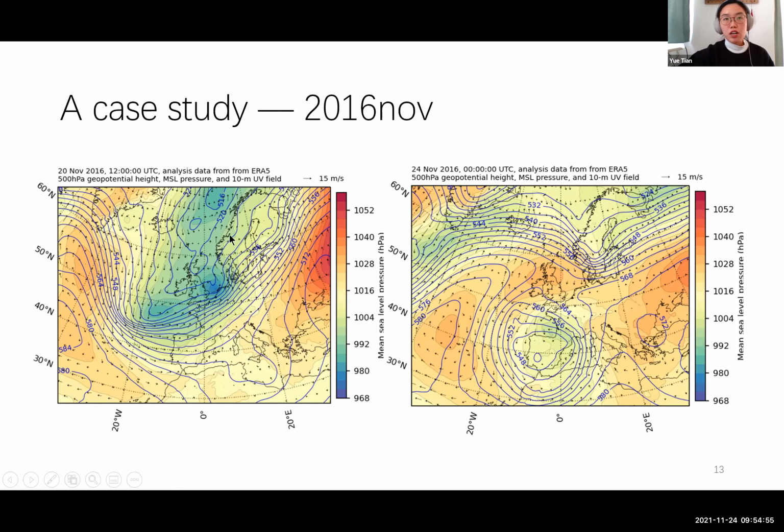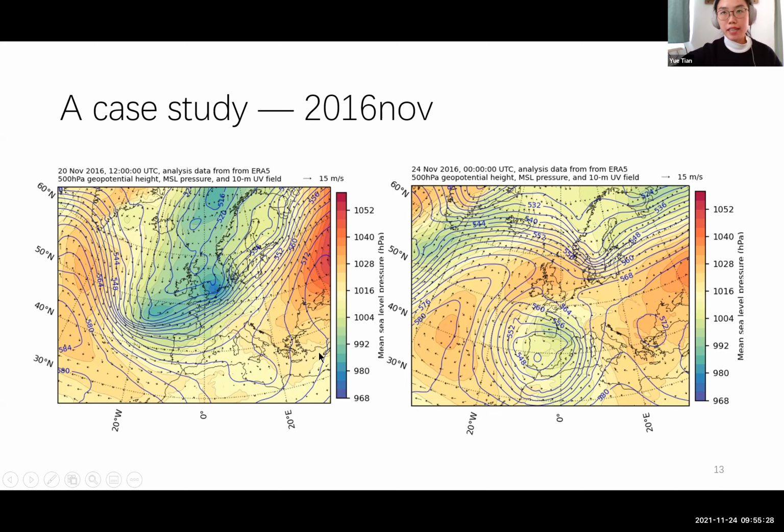And on the east side, we have a high pressure. And therefore you can see very crowded isobars over the Alps in the surface pressure, shown with this colorful shading right here.